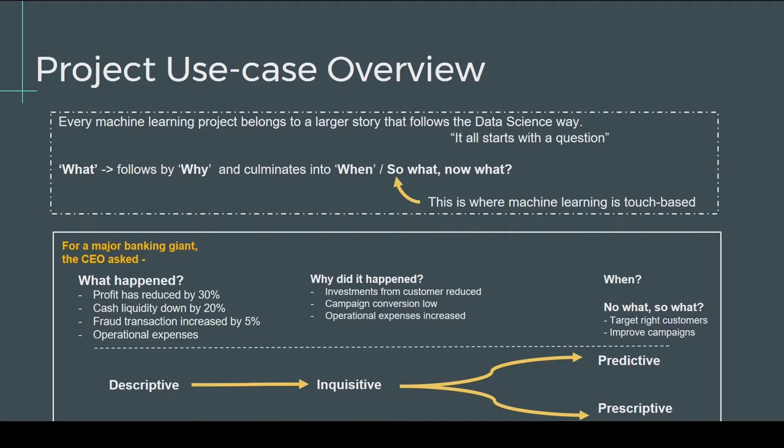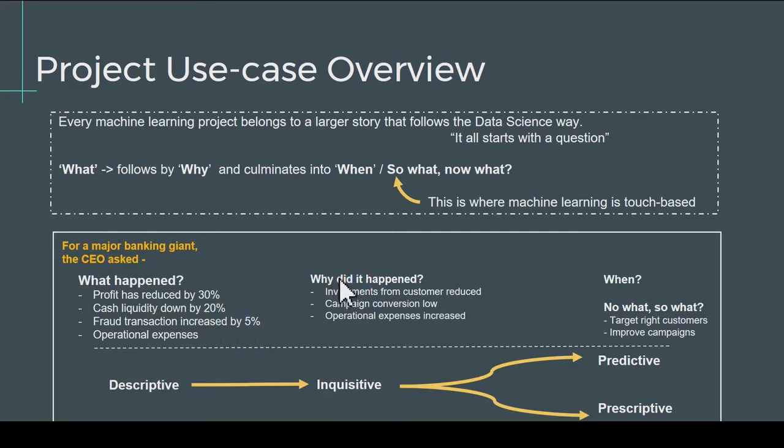So, to understand better what happened, the next follow-up question would be, why did it happen? Okay, you say that profit has reduced by 30%, but why did it actually happen? You also see that cash liquidity is down and fraud transactions have increased. But are there any reasons that this has happened?